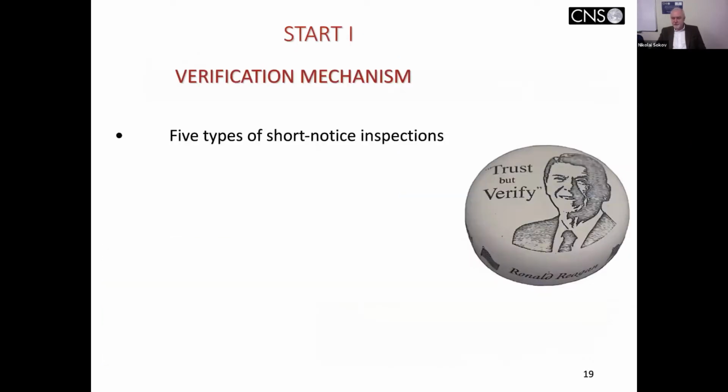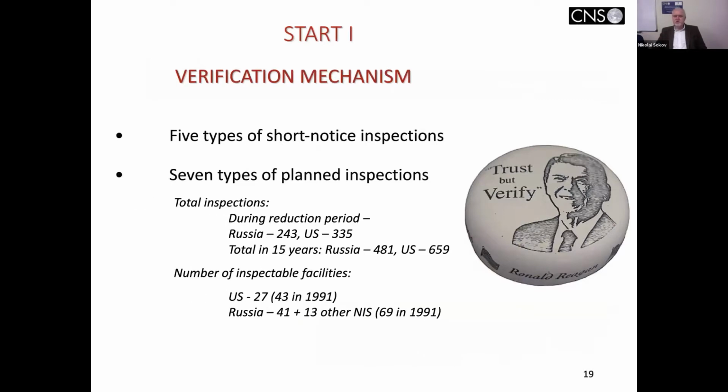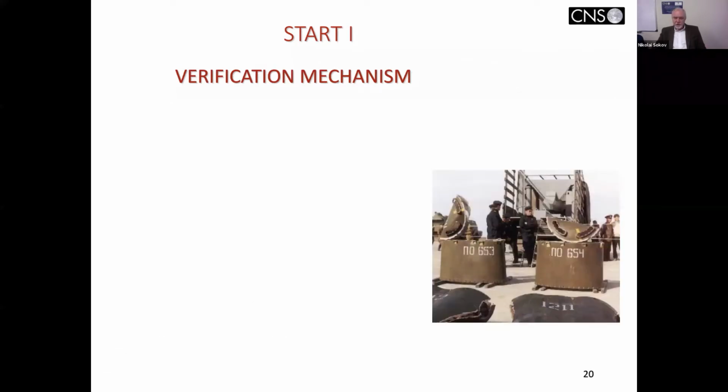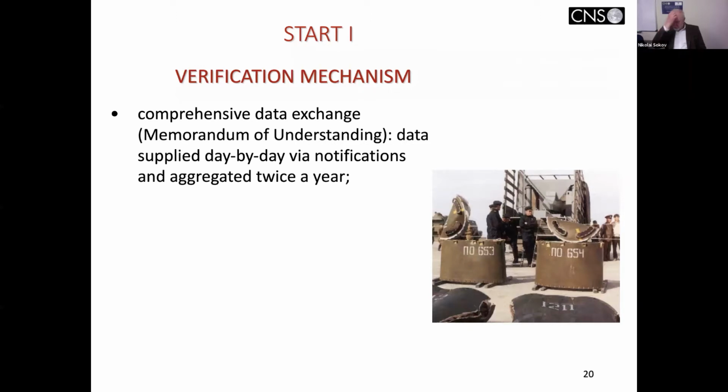Verification was really massive. It was probably the most detailed verification ever. Short-notice inspections, planned inspections, hundreds of inspections were conducted. Massive exchange of data. A list of all the weapons, all the strategic bases, all the facilities to produce and store missiles was about that thick.